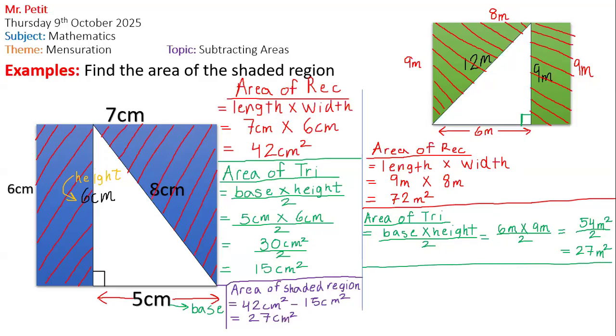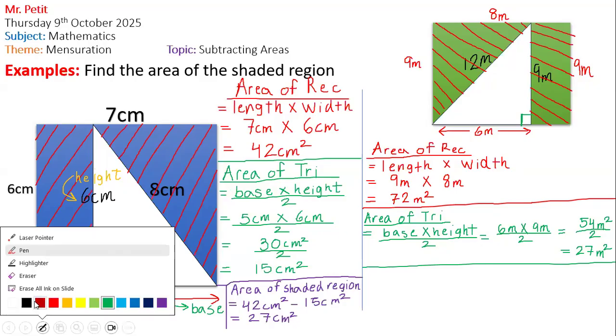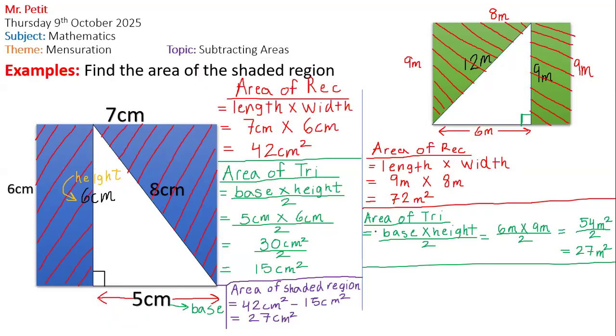Kiana, quickly recap how we got the area of the triangle. You use the formula base times height divided by 2. The base is 6 meters and the height is 9 meters. That gives you 54 meters squared divided by 2. That's 27 meters squared. Very good.